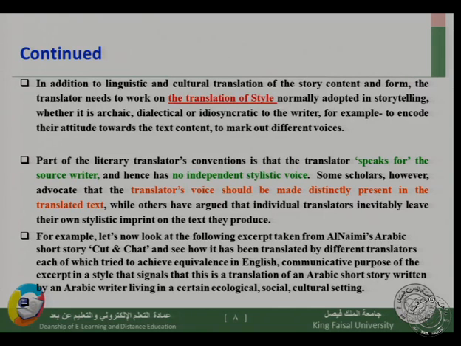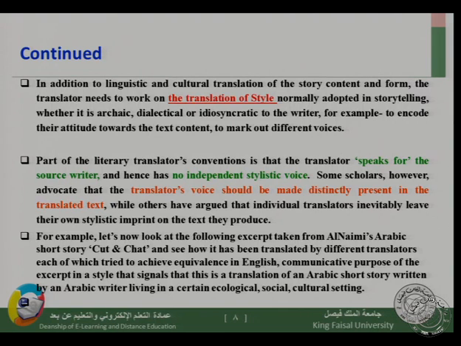Now let's see another example, to see whether the translator has managed to really achieve equivalence in English and the communicative purpose of the expert in style that signals that this is a translation of an Arabic short story by an Arabic writer in a certain ecological, social, cultural setting.